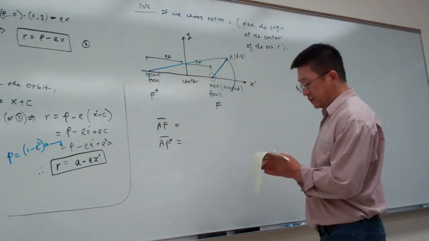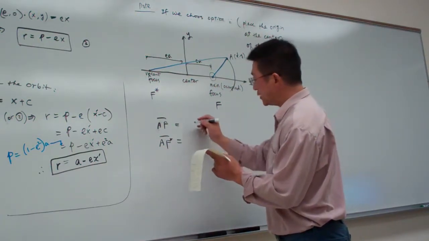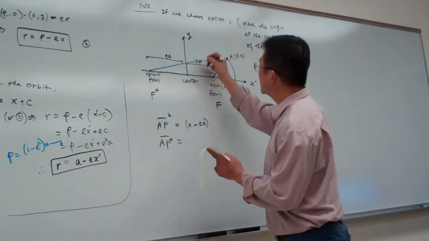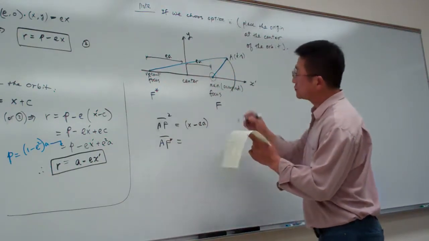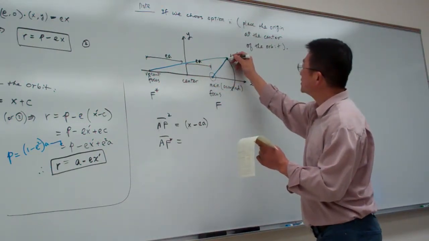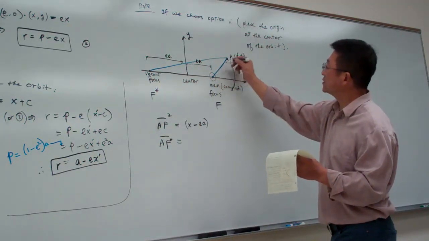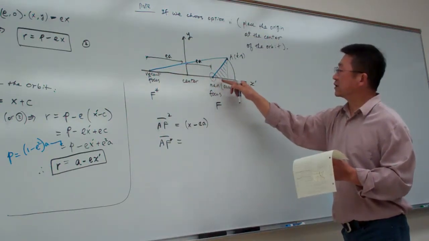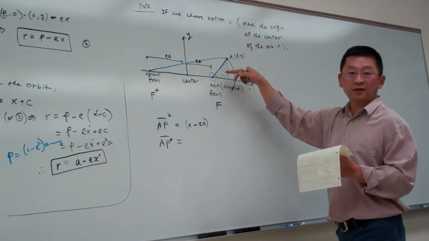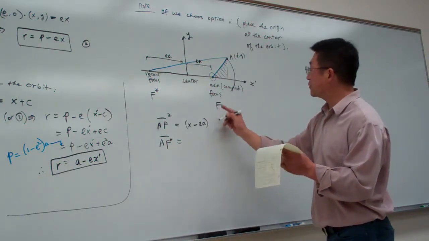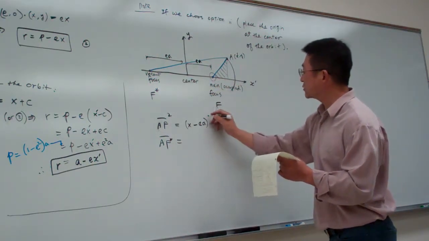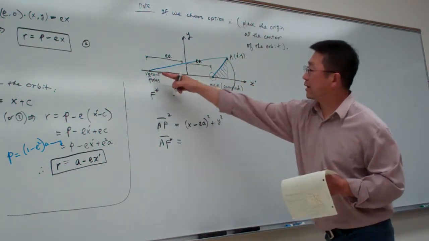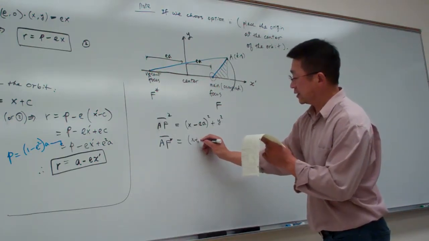AF will be equal to the square root of, X minus EA. This is X, and this distance, if you take these triangles, is simply the square of the two sides and take the square root. So that one equals X minus EA squared plus Y squared. AF star, the same if you take the larger triangle, is X plus EA.